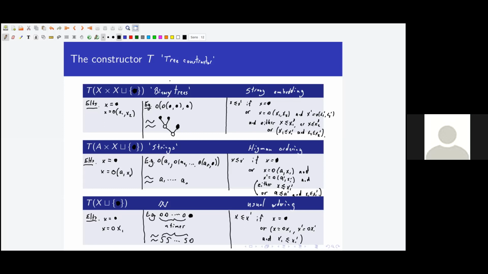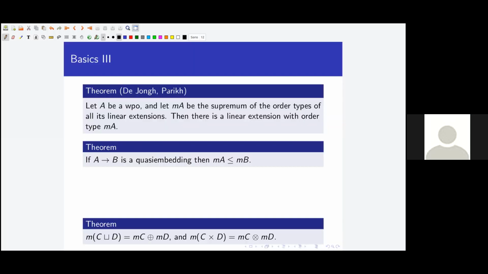Okay, so everyone is seasoned experts on how this T normally works, right? Good. Because we're not done with basics yet. Here, there's another object we want to talk about, which is called the maximal order type of a well-partial order. Now, it should be clear that every set of ordinals has a supremum, good.